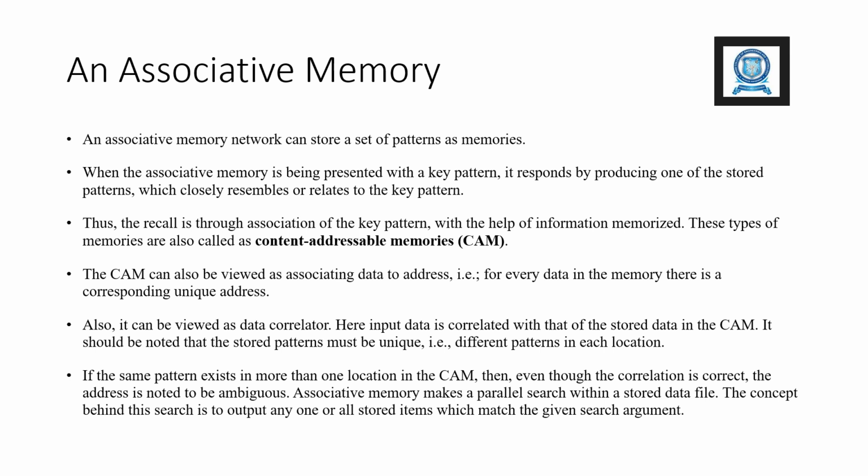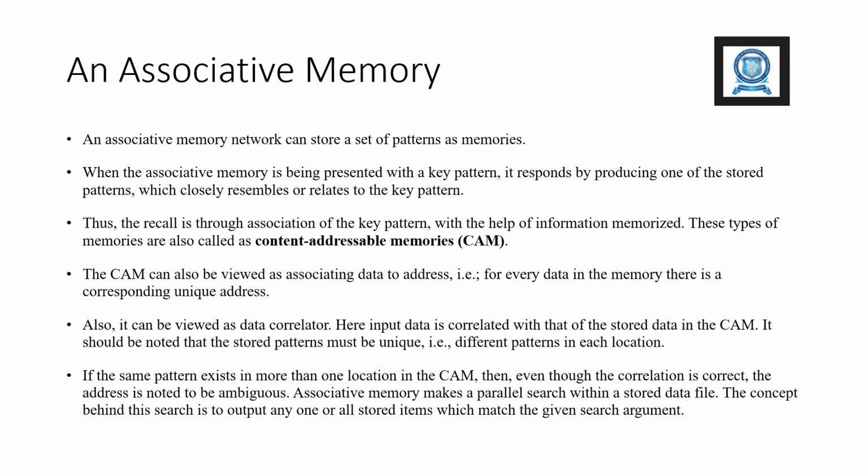The CAM can also be viewed as associating data to address, that is, for every data in the memory, there is a corresponding unique address. Also, it can be viewed as a data correlator. Here, input data is correlated with that of the stored data in the CAM. It should be noted that the stored patterns must be unique, that is, different patterns in each location.